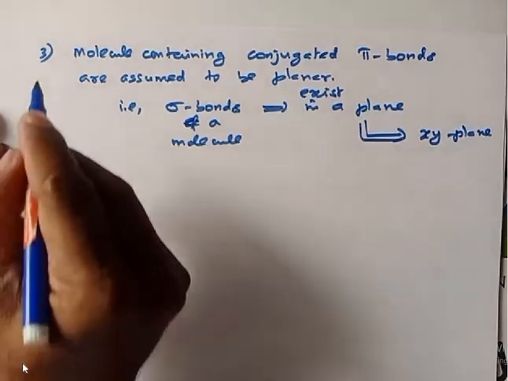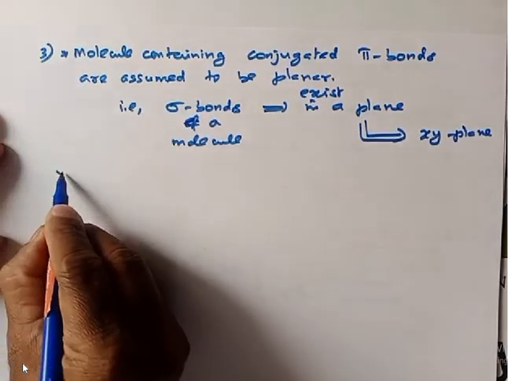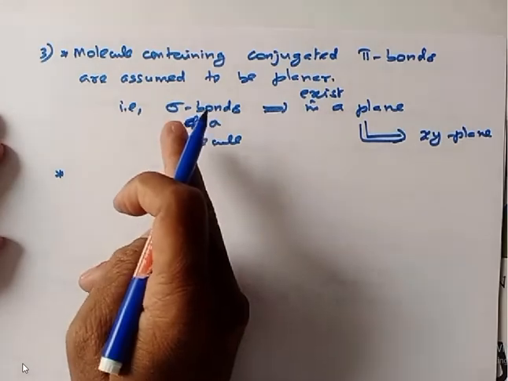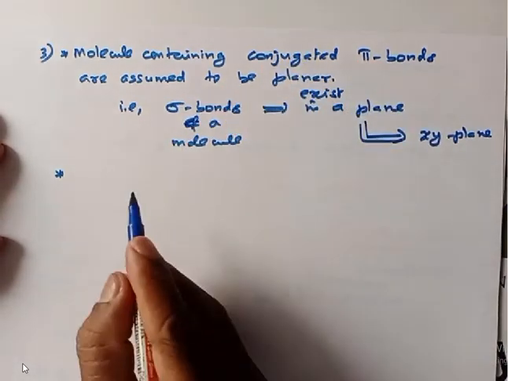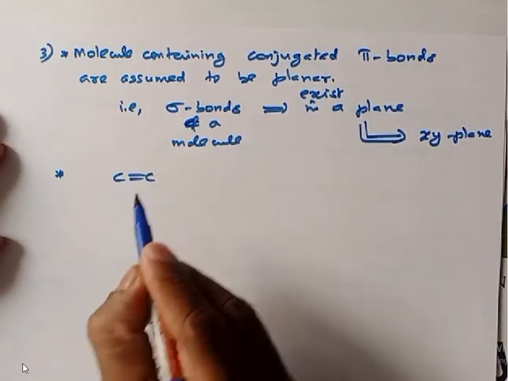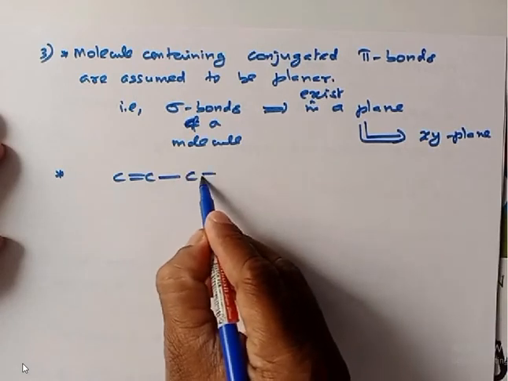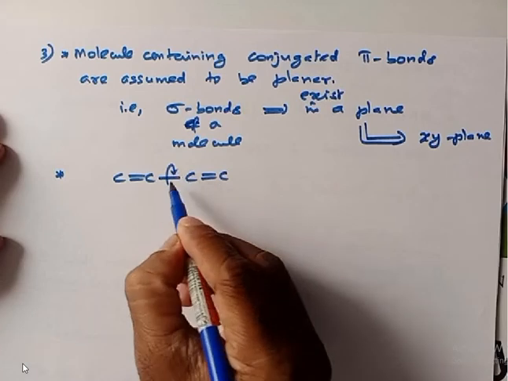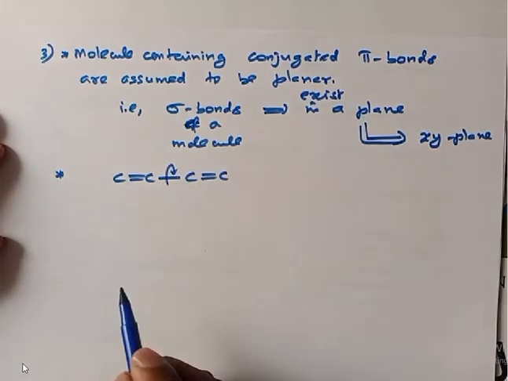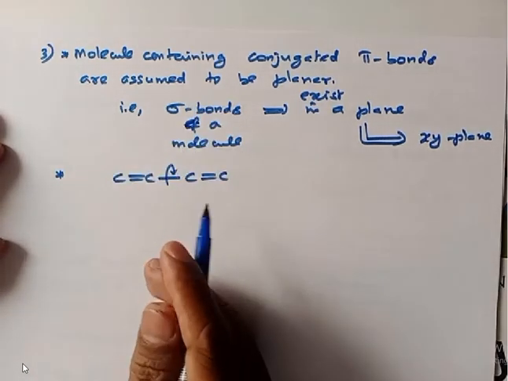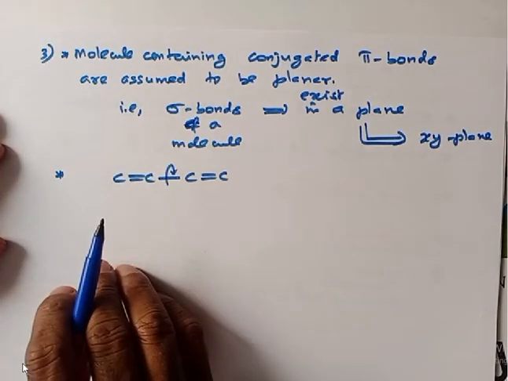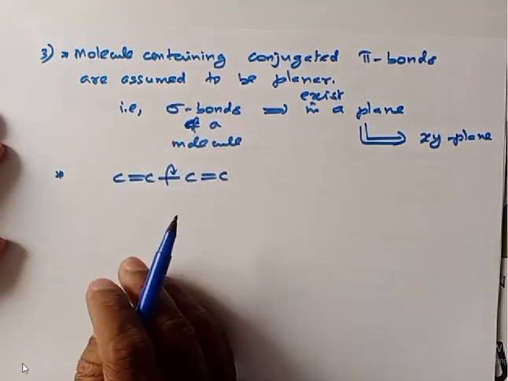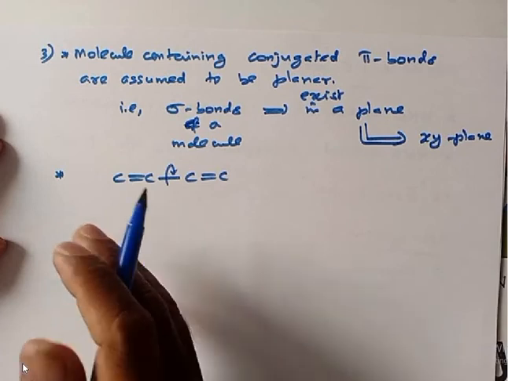Another important piece of information: since we have conjugated pi bonds, we have a carbon-carbon double bond, then a single bond, then a carbon-carbon double bond, and so on. Since we have a single bond in between two double bonds, two isomers are possible.